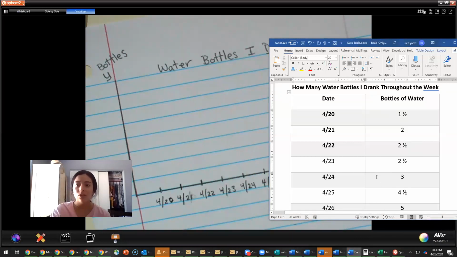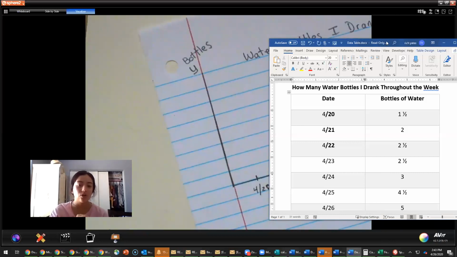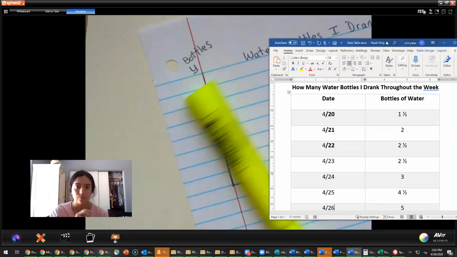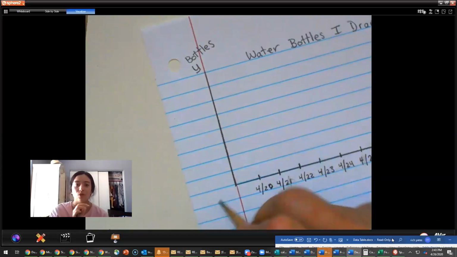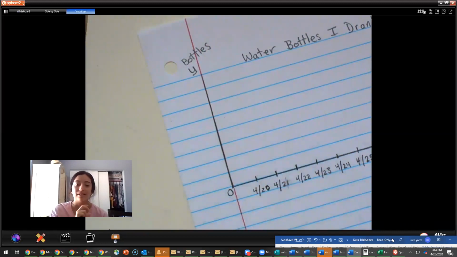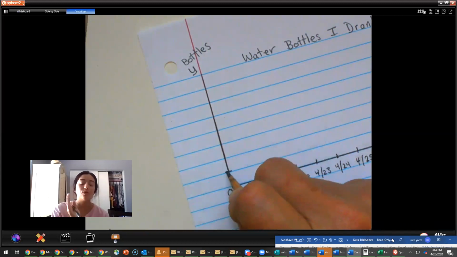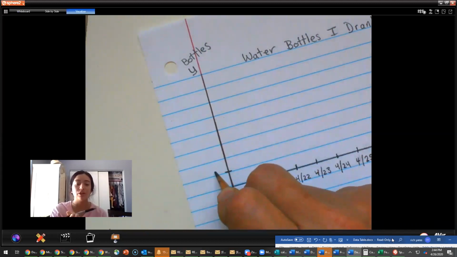Looking at these numbers, I'm thinking the best way to do this is by half increments. And what I mean by that, boys and girls, is that on our y-axis, you always want to start with the very bottom left-hand corner being 0, because that will be your starting point. So our bottom one is going to be 0. Then on the next line, since we're doing half increments, we're going to write 1/2.